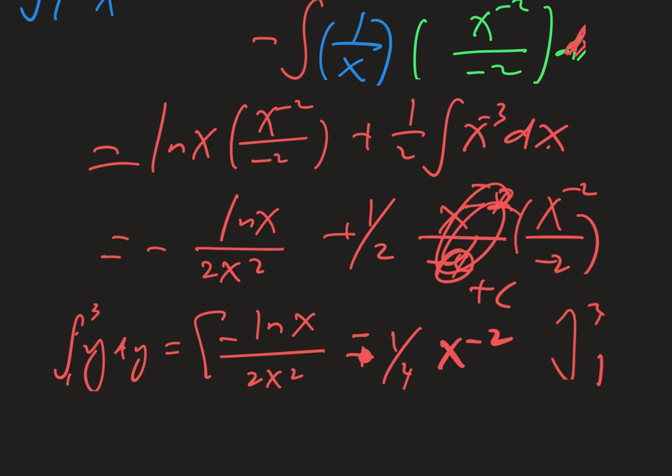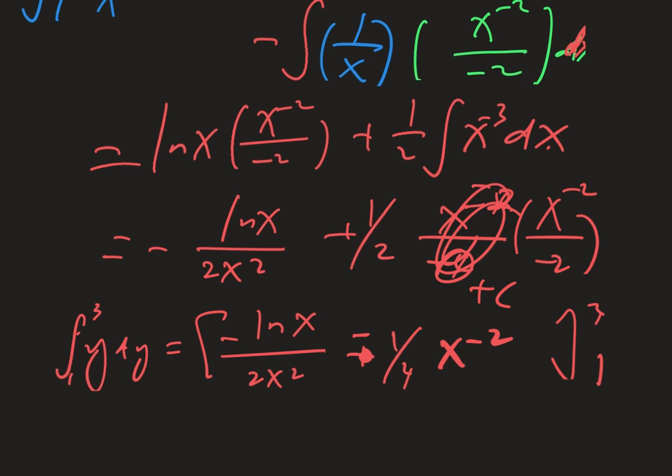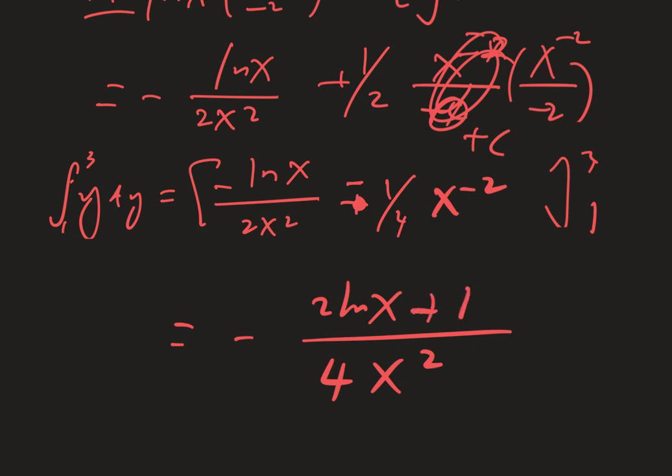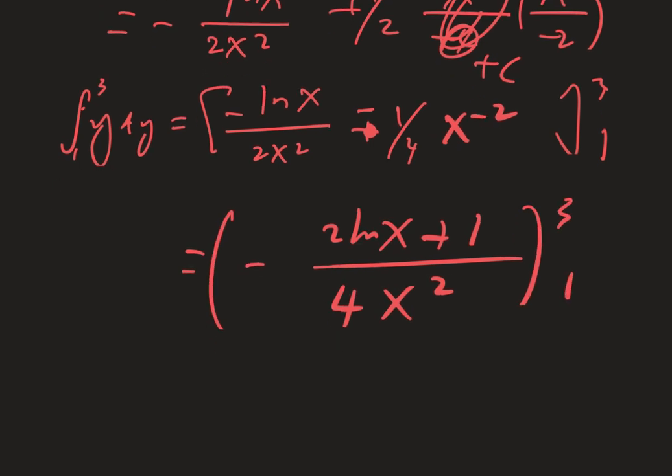It's understood, because when x is 3 it is very small in the denominator, so this becomes minus ln x over 2x squared, and so on, from 1 to 3.